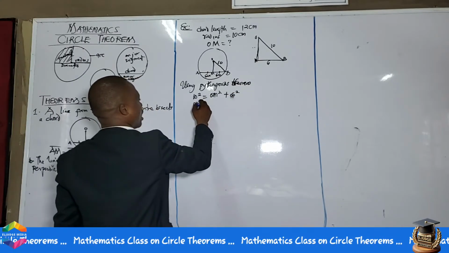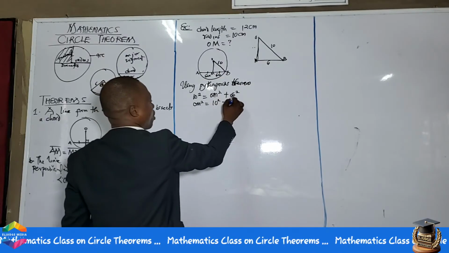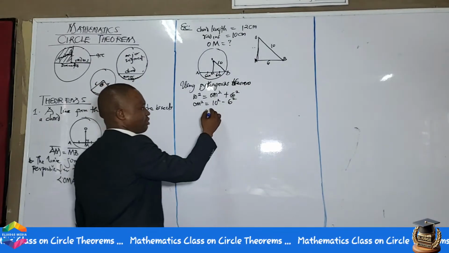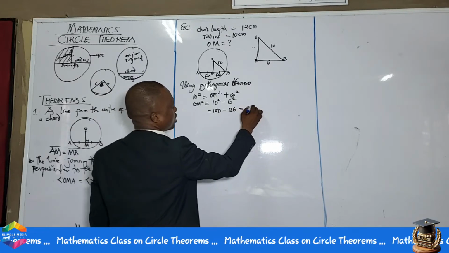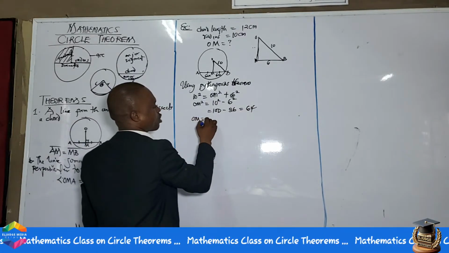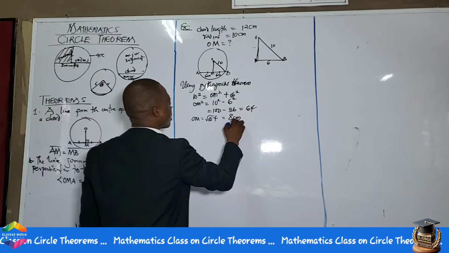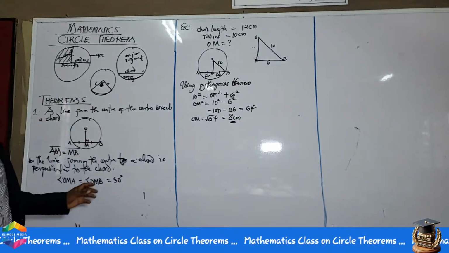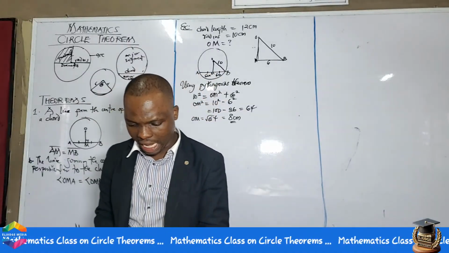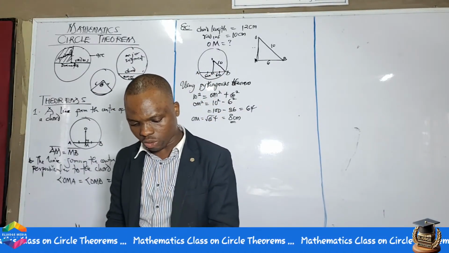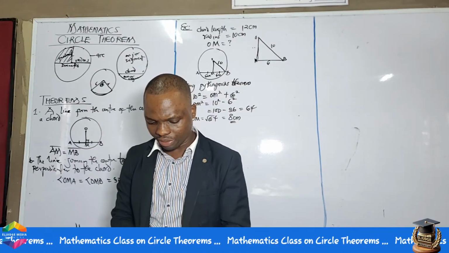So OM squared will give us 10 squared, bring this one to this side, minus 6 squared. That gives us 100 minus 36, which equals 64. So OM equals the square root of 64, which is 8 centimeters. So the length of the line from the center of the circle to the chord is actually 8 centimeters.